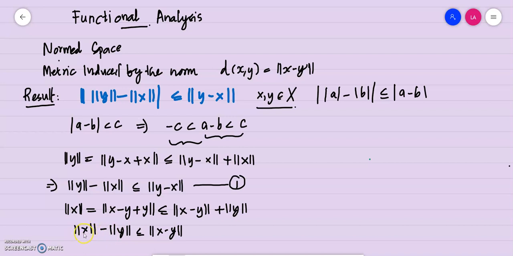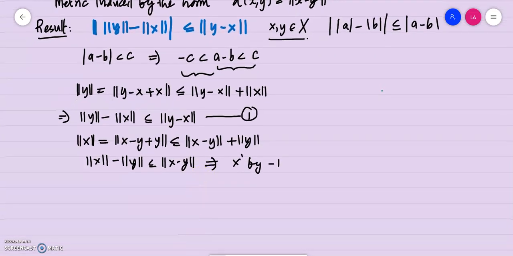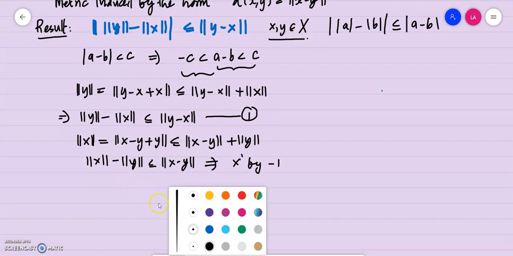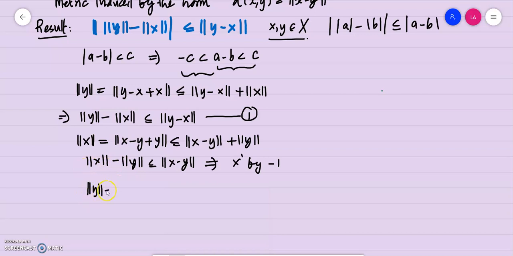Now if we multiply this inequality throughout by minus 1, the inequality changes. So the next step is we multiply by minus 1 on both sides. Since we have multiplied with minus 1, less than or equal to becomes greater than or equal to: norm y minus norm x is greater than or equal to minus of norm (x minus y).